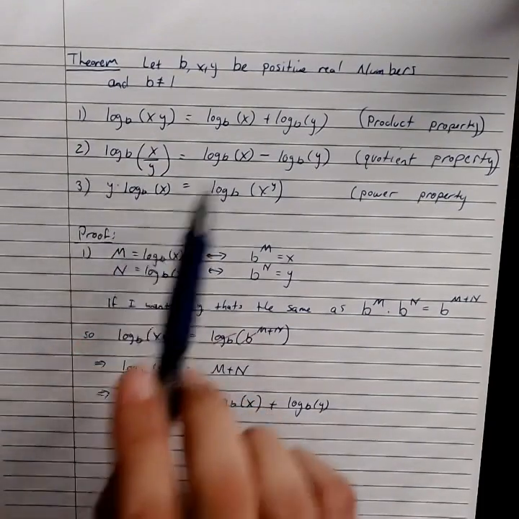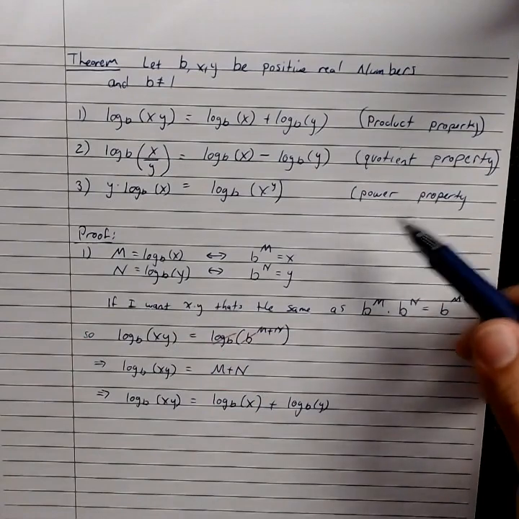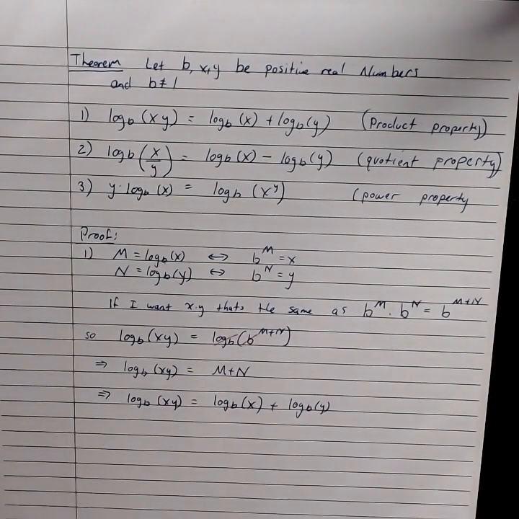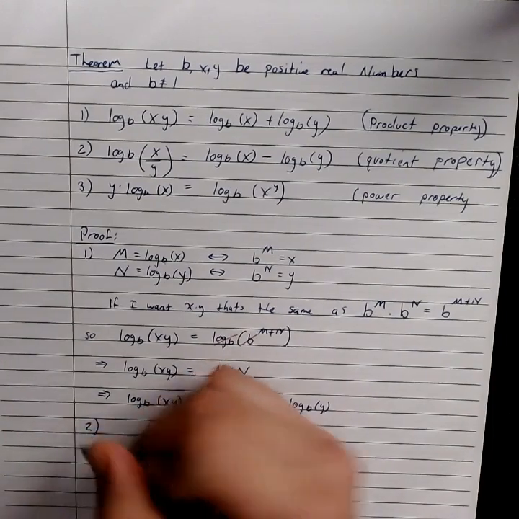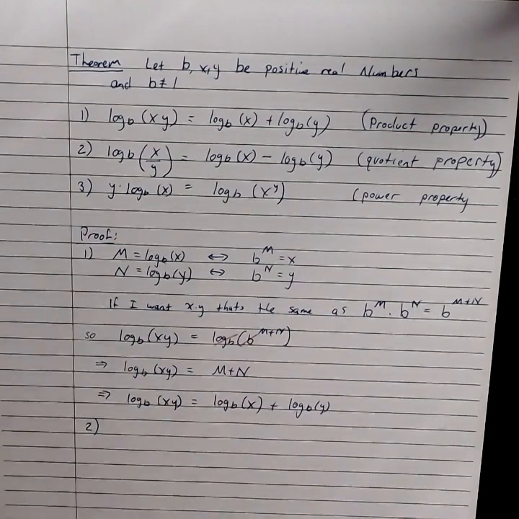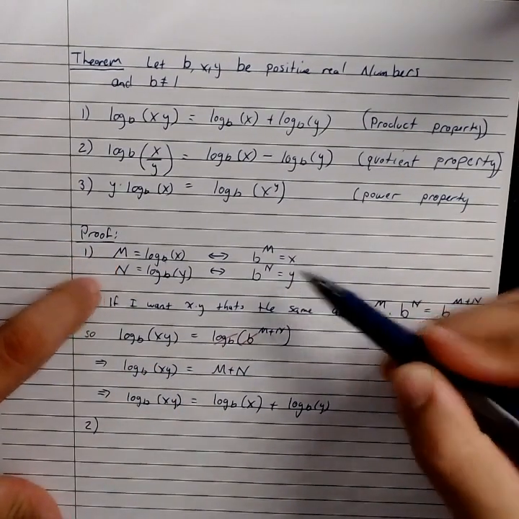Number 2 can be proven almost exactly the same way as this one, except that instead of having x times y, we're going to want x divided by y. So here, we're going to start off with these same two things. I'm going to take my m, I'm going to take my n, and all of this will remain the same.